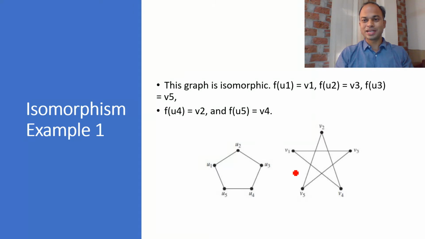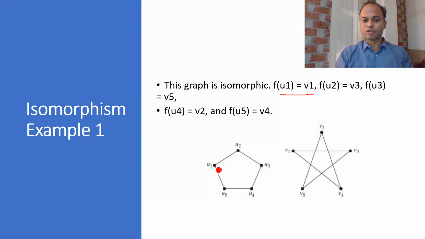Now we have to check the sufficient conditions, whether these two graphs are isomorphic or not. For the sufficient condition, we have to map edges to edges and non-edges to non-edges. Here we are talking about f(u1) equals v1.